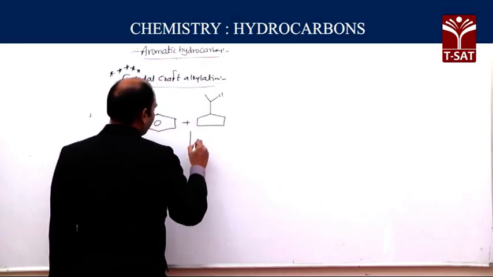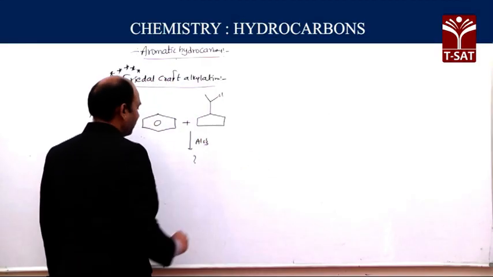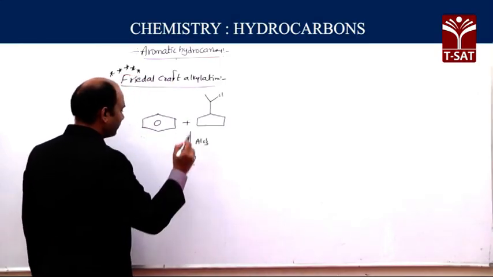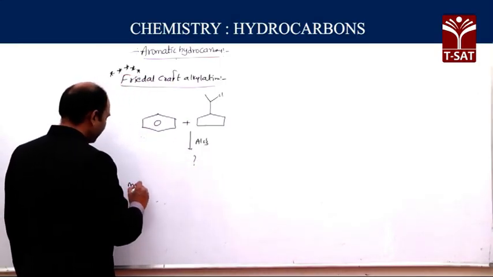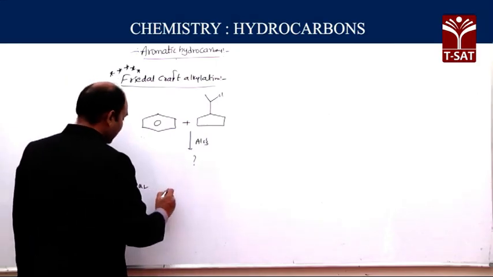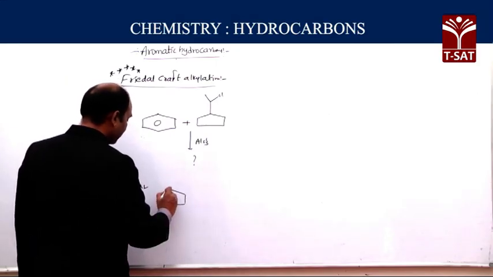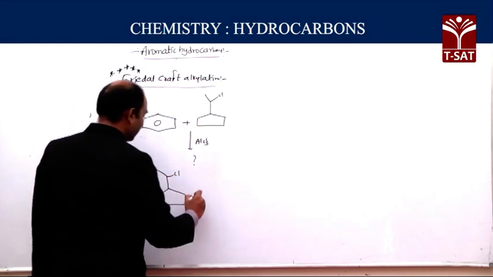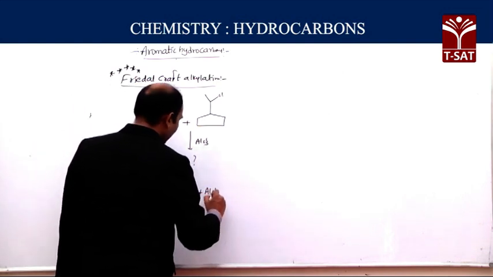If we treat with AlCl3, which compound is formed? This is our question. Now see the mechanism. We do not need the total mechanism, just the generation of the electrophile. Here this is Cl plus AlCl3.